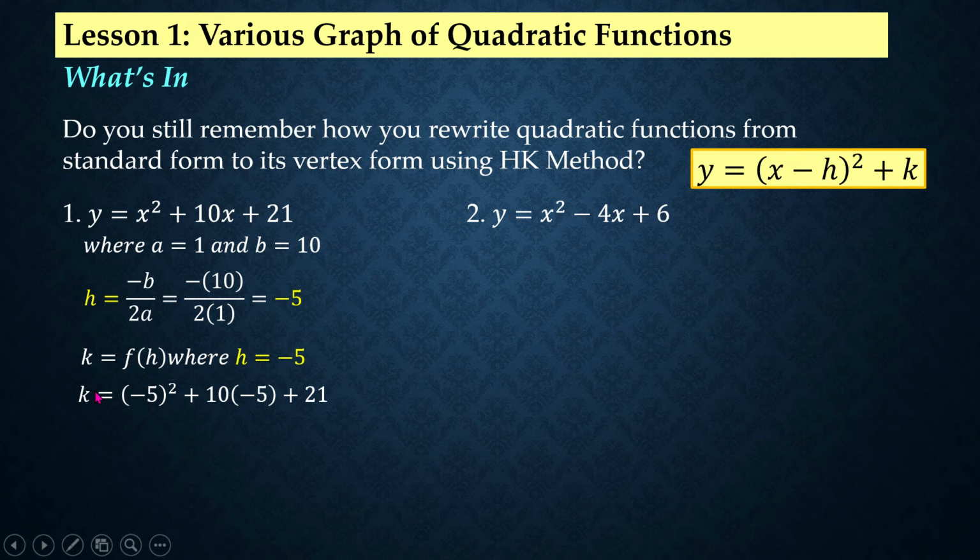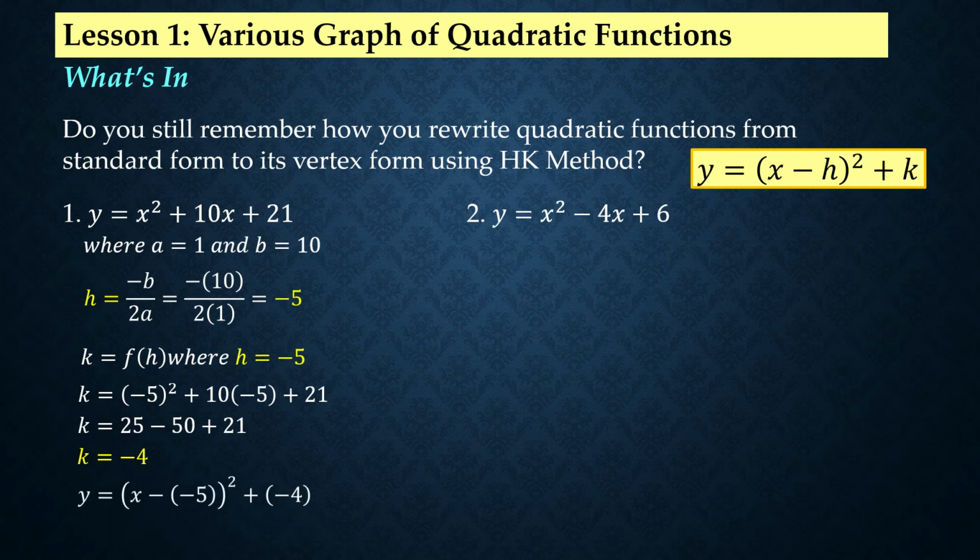So k is equal to the square of negative 5 plus 10 times negative 5 plus 21. What is the square of negative 5? Negative 5 times negative 5, positive 25. 10 times negative 5, negative 50. Then plus 21. Adding and subtracting these numbers using a calculator gives us the value of k, which is negative 4. To recheck this, you can use a calculator.